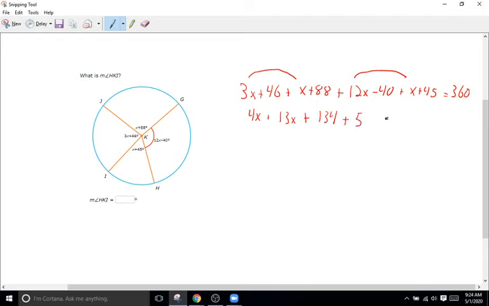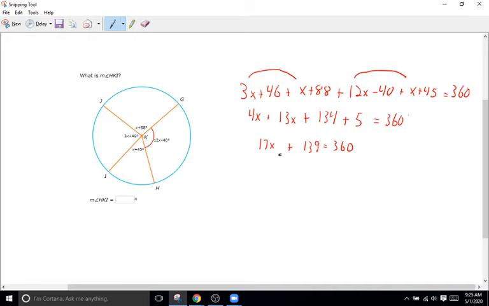So plus 5 equals 360. Now we'll combine like terms again. 4x plus 13x is 17x, plus 134 plus 5 is 139, equals 360.